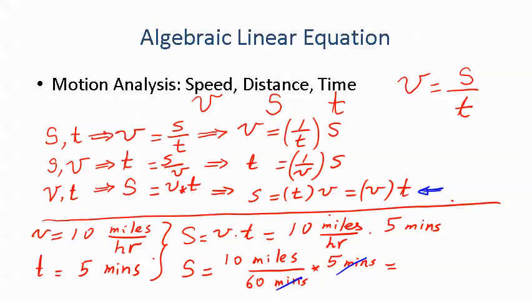And we observe that there is a further simplification. 10 divided by 60 gives us 1/6. And the answer to our problem is 5/6 of a mile. And of course, one could now find out the corresponding distance in kilometers or meters by performing the proper conversion from miles to those appropriate units of interest.